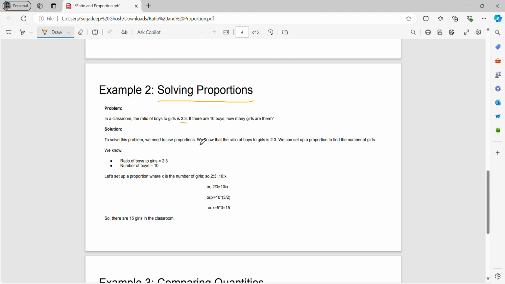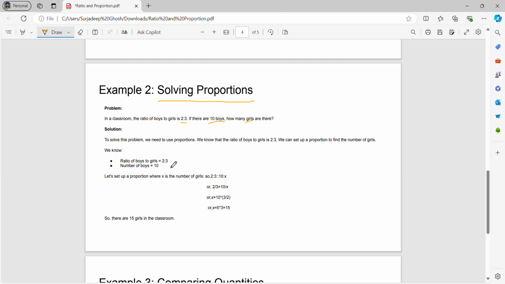If there are 10 boys, how many girls are there? So we have to find the number of girls. It can be easily solved just by seeing the question, but let's solve it step by step.